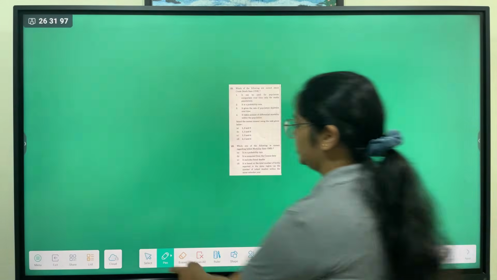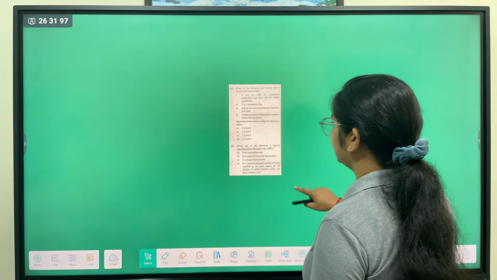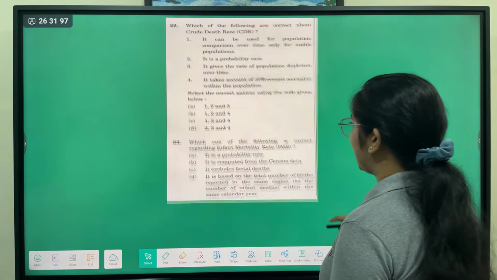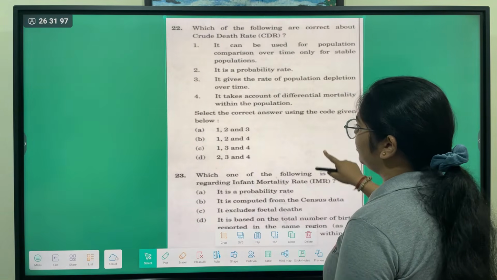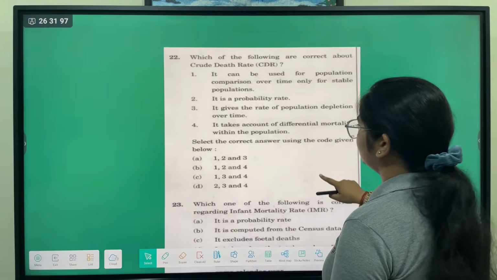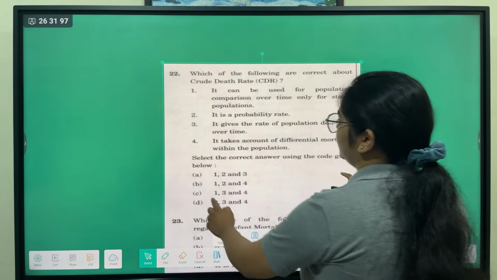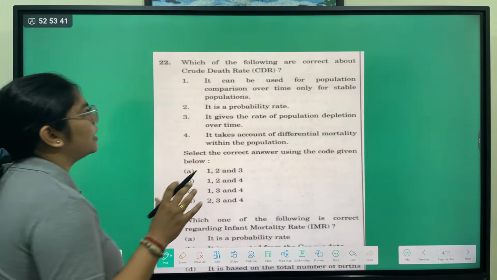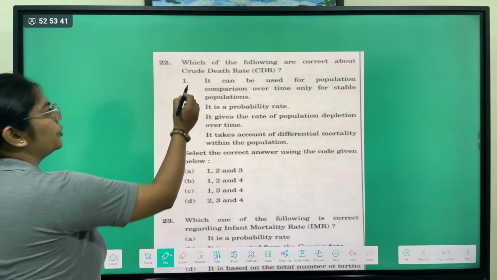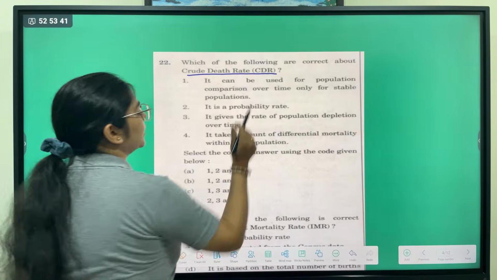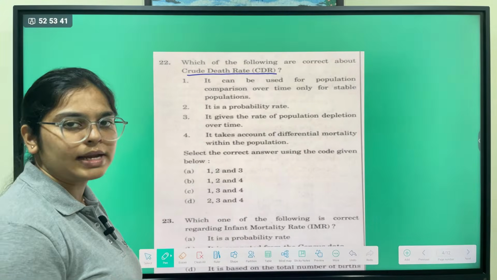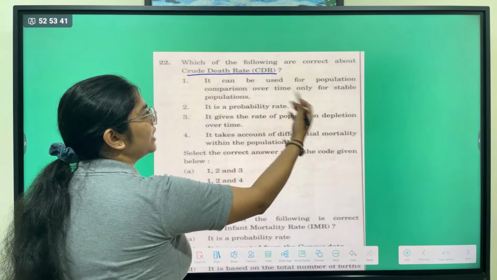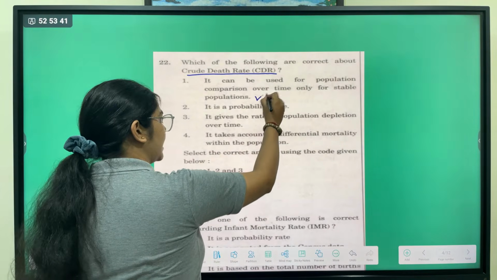Now moving towards the demographic dividends and rates, we have two questions. I have taken each kind of question so that you realize that we will be covering every topic. So here they have given us what is correct about crude death rate. Now crude death rate is the easiest or the simplest death rate that has been covered. It can be used for population comparison over time only for stable population. Yes, that is true.